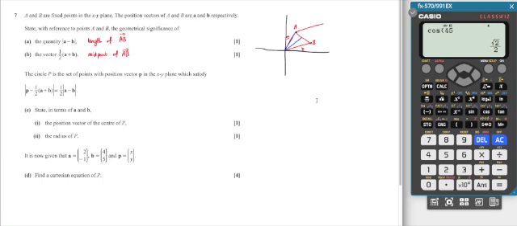Right, so what have we got? We haven't done very much about circles usually. This feels more like a further maths question when we start talking about circles on there.